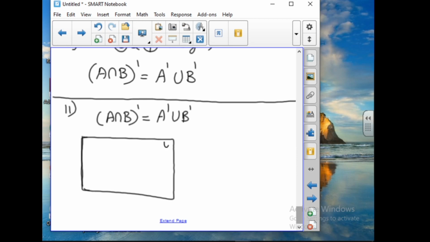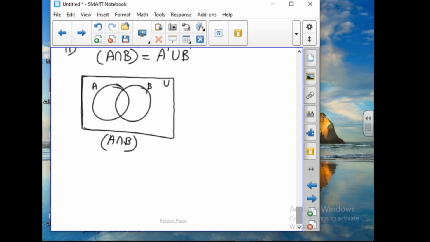This is your universal set. Okay, so first you can find A intersection B. So this is your A set and B set. This is your A intersection B. Okay, A intersection B means common part. So this is your common part. Okay, then this is your first diagram.